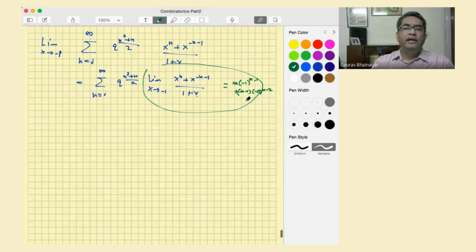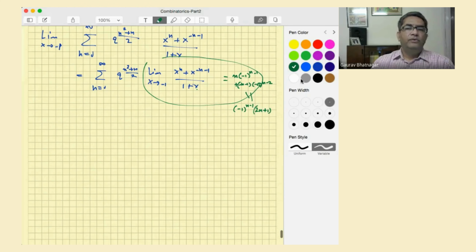Okay. And this becomes essentially minus 1 raised per n minus 1 to n plus 1. So you get n equal to 0 to infinity times 2n plus 1 on this side.